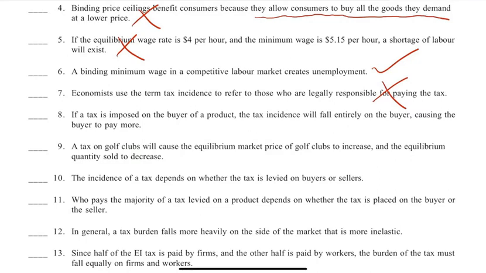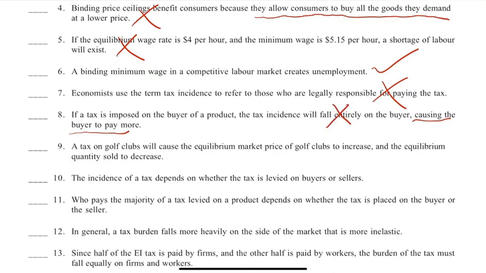If a tax is imposed on the buyer, then tax incidence will fall entirely on the buyer, causing the buyer to pay more. Causing the buyer to pay more is correct, but falls entirely on the buyer, well, it does not hold, right? We talked about this.